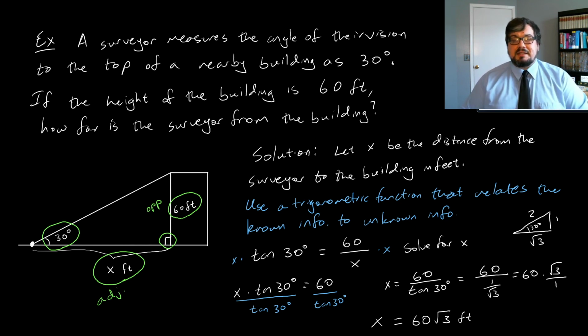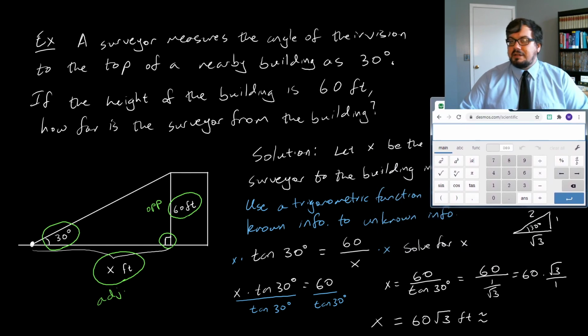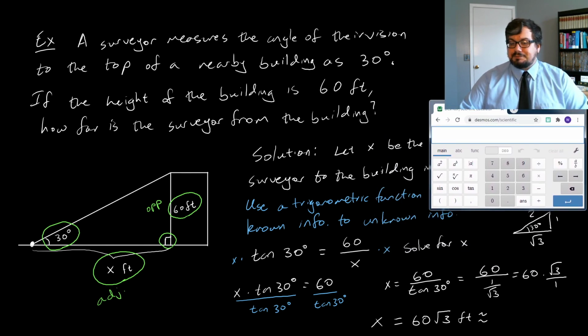So let's suppose that the problem asked us to approximate this to 2 decimal places. Remember that we want to do all of our approximation at the end. And so in particular, whatever expression you get at the end, you want to put that whole expression into your calculator and do it all at once. So we want 60 times the square root of 3.